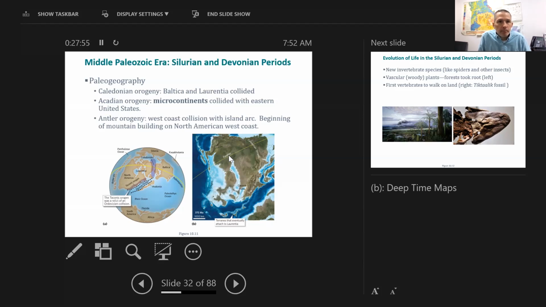The eastern portion of the United States also had a series of microcontinents to form the Acadian orogeny. This is where Acadia National Park is in the northeast part of the United States. And then we've had other orogenies, or mountain building events, creating various mountain ranges.